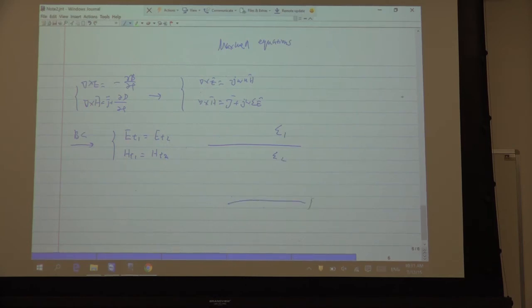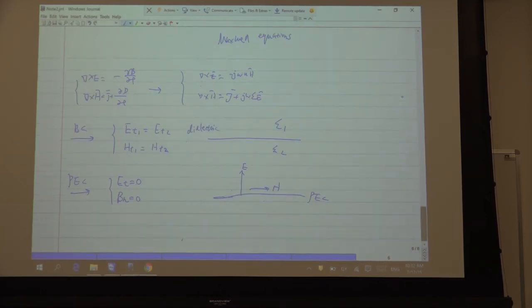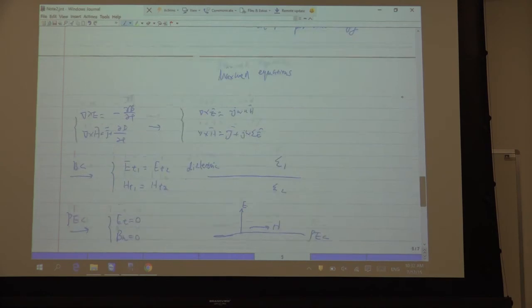For the PEC, the tangential E field equals 0, and Bn equals 0. This boundary condition is quite important, right?